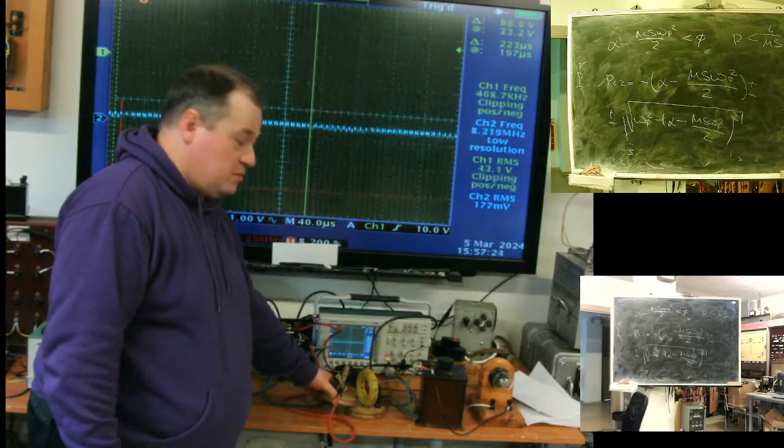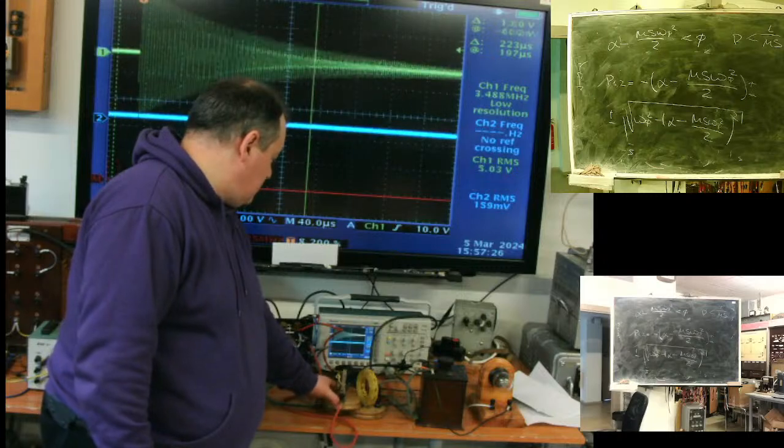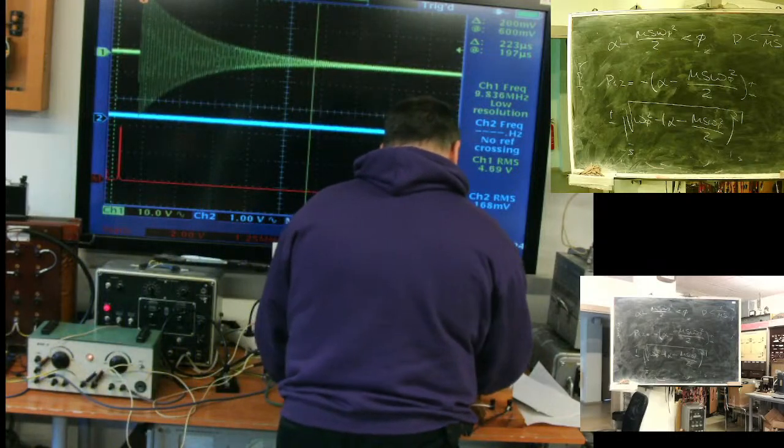Stable. Unstable becomes an autogenerator.